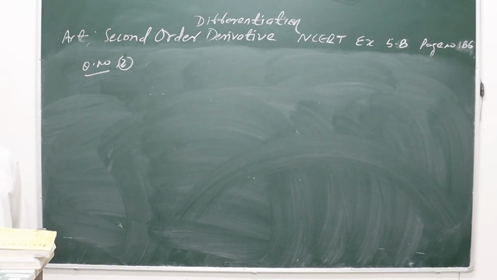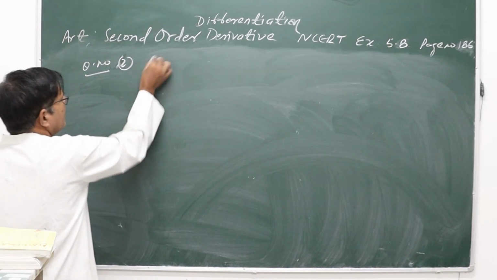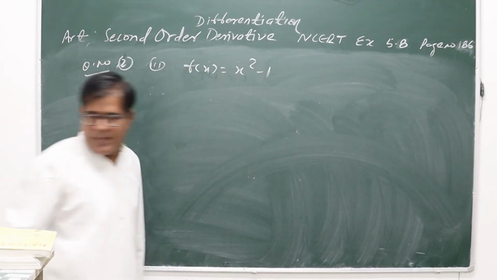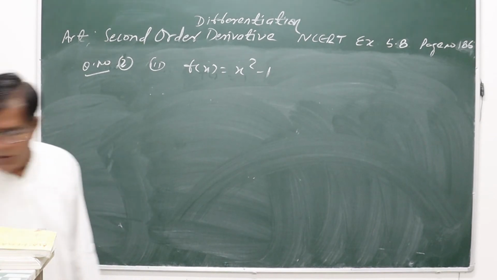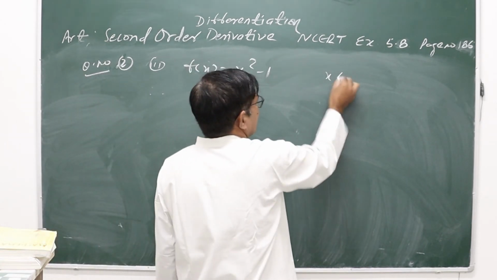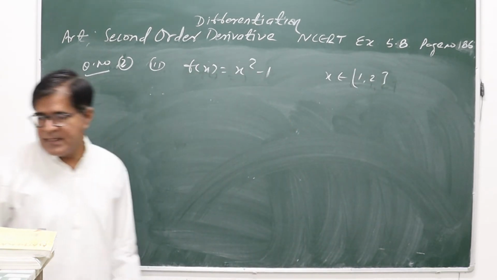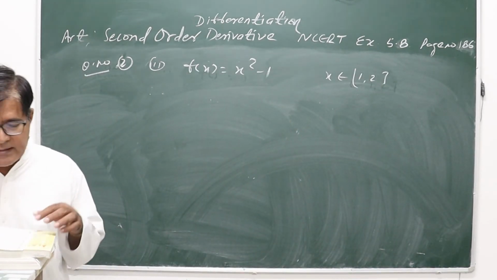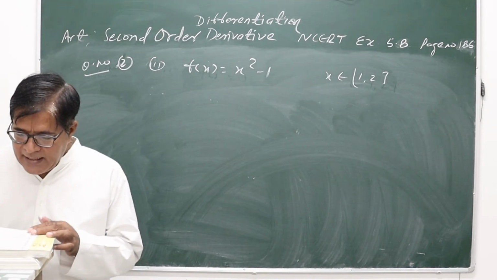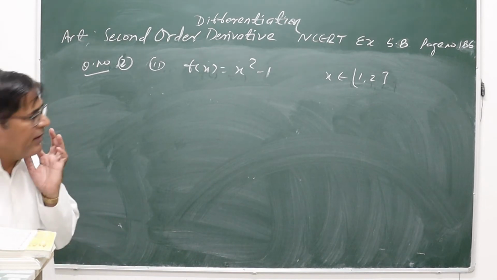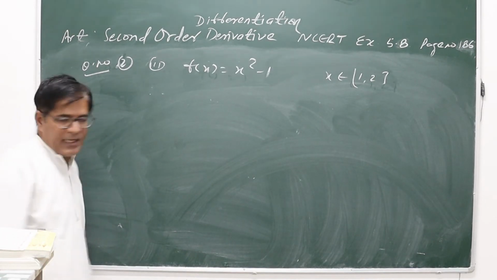क्वेश्चन नंबर थर्ड, सेकंड का थर्ड पार्ट, f of x is equals to x square minus 1, where x belongs to 1 comma 2 closed interval. The given function is a polynomial function, and the polynomial is everywhere differentiable and everywhere continuous.